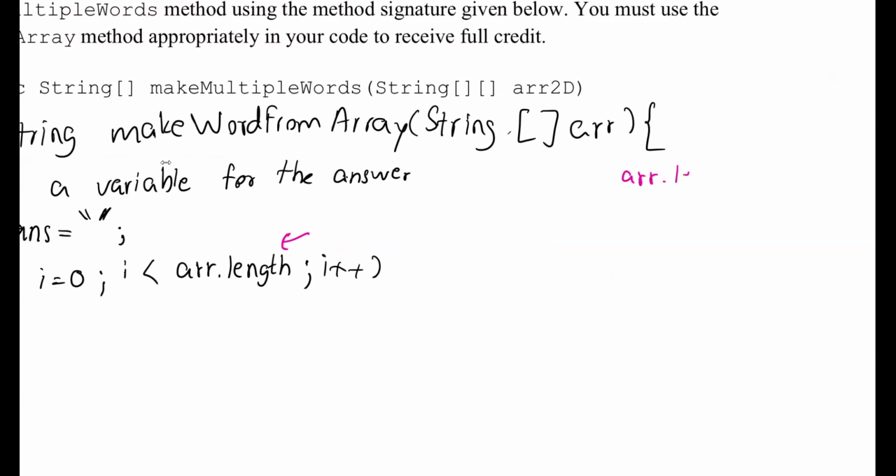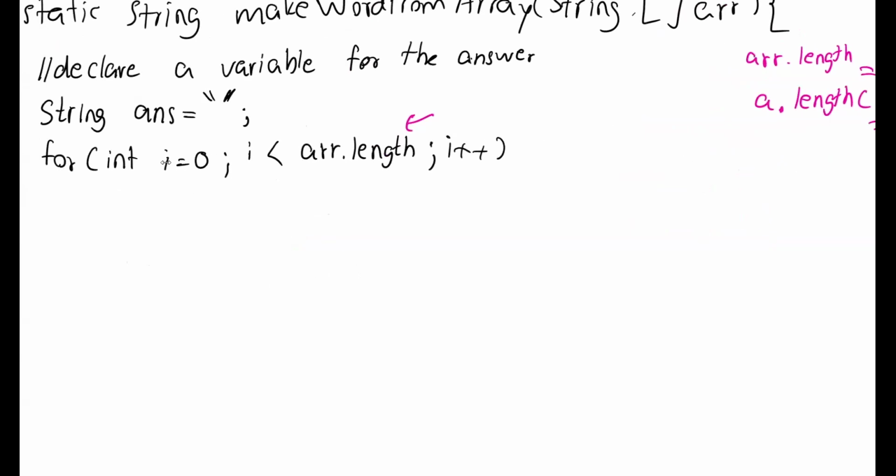But for a string, let's say I have a string called A equal to hi, I need to write A dot length with the parentheses. That is the difference between the length of a string and of an array. Okay, sounds good. Any question here?